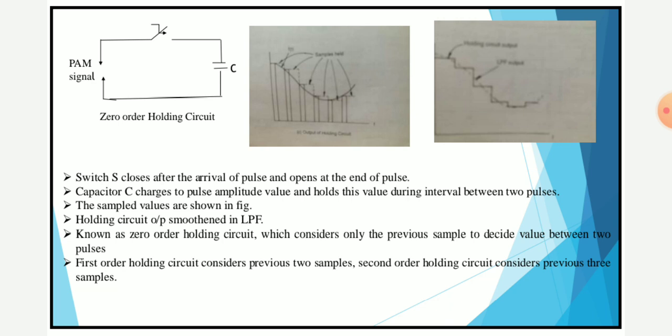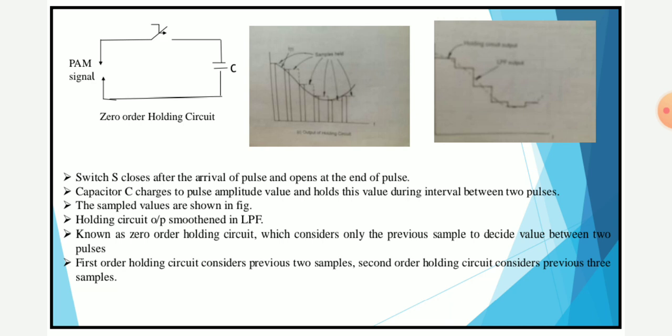In this also there is a switch, which closes after the arrival of the pulse signal and opens after the end of the pulse signal, and the capacitor C charges to the pulse and holds this value during the interval between the two pulses. For example, if a PAM signal is given to this zero order holding circuit, for the on time of the first pulse the switch will be in a closed position and the signal will pass through the capacitor and be held there for the remaining half duration of the pulse.